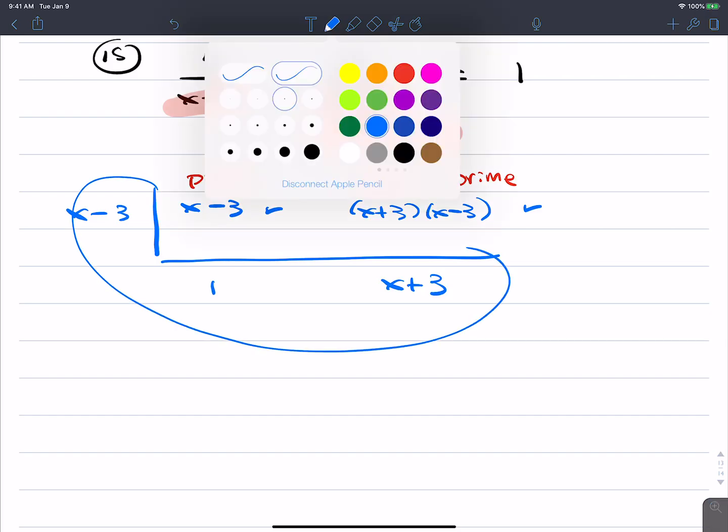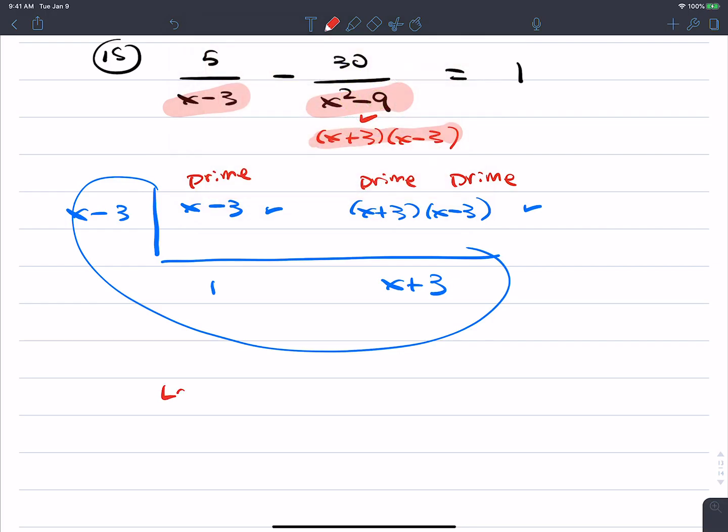Done. So that the LCM is simply x minus 3 times what? X plus 3. So this is what we get to multiply to both terms. Or I should say, really, the left side and the right side, not both terms, every term.